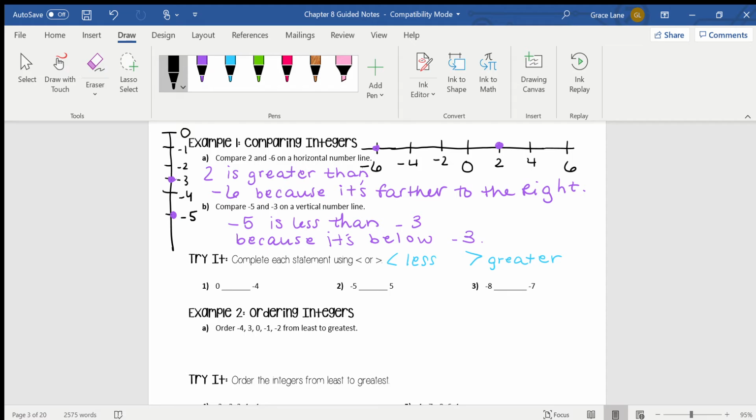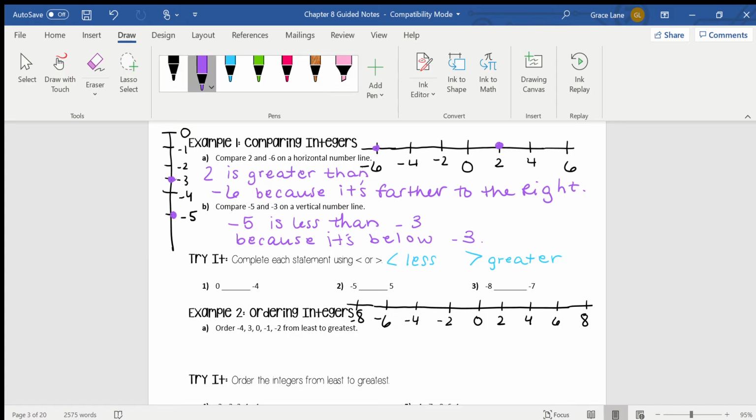Okay, so for the try it questions, if you think about a number line, I'm going to count by twos. -4, -6. I should have given myself more room.